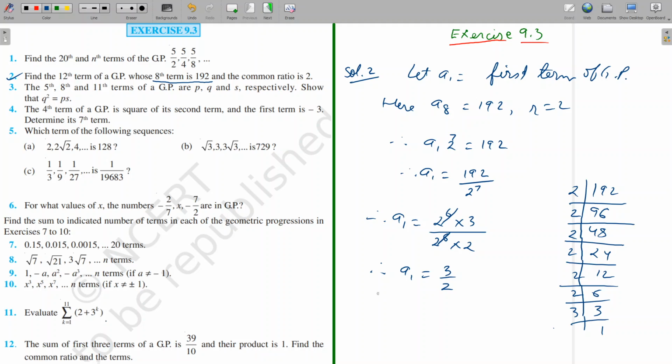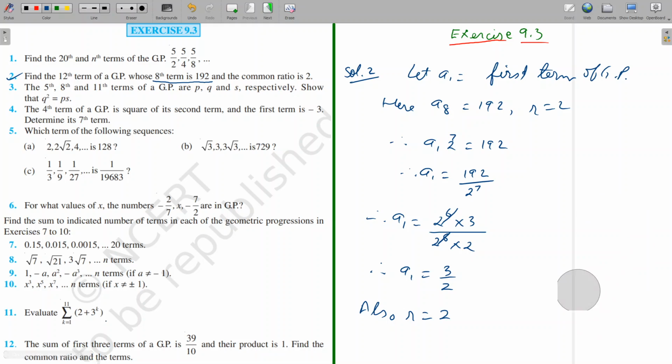So it's very simple to find the 12th term. Now we'll apply the formula of a_n. Before that, let us erase this one, it is not required now. What we have to find is the 12th term.